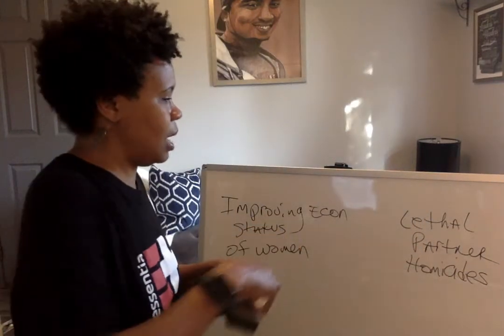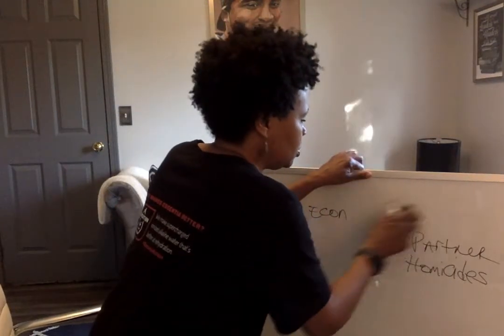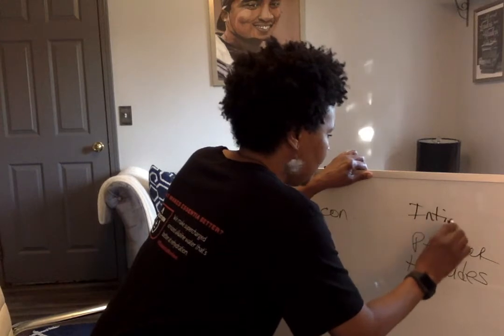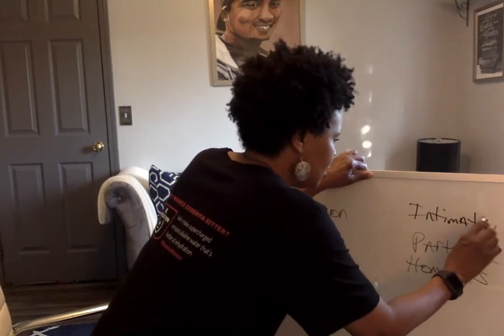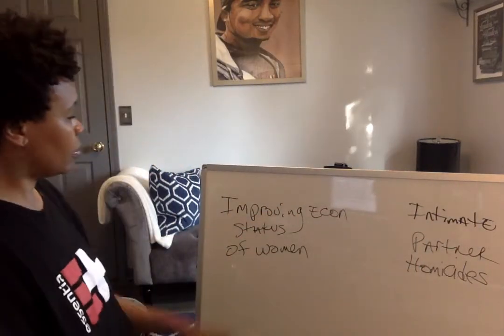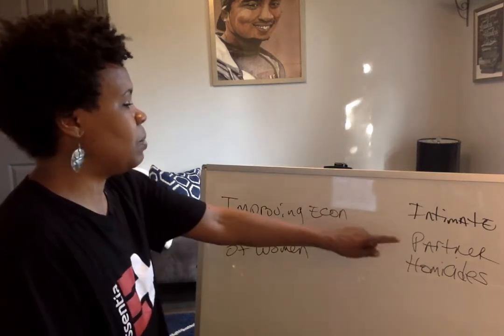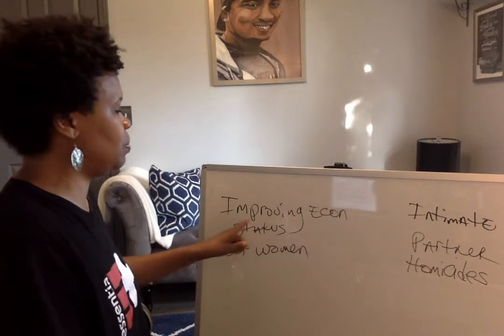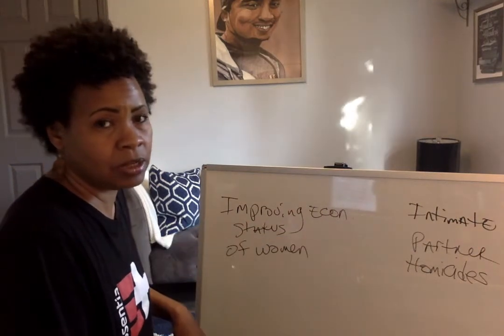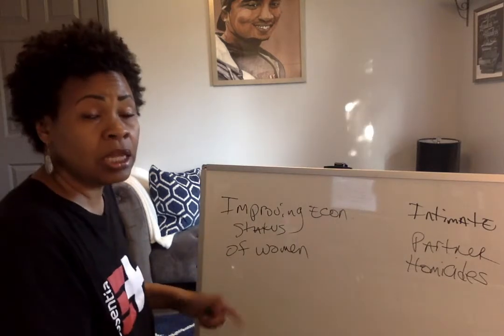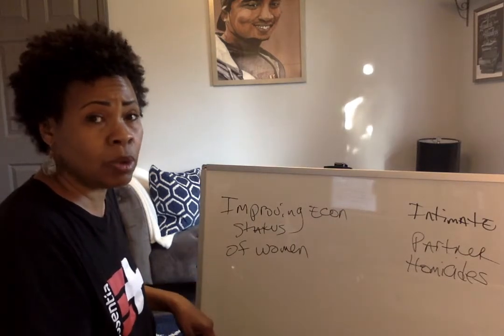Well, lethal and homicides means the same thing. So let me change this to intimate partner homicides. So the victim and the offender are in an intimate relationship. Now, I want to predict whether or not intimate partner homicides will change based on women's economic status beginning to rise. This is a concept, meaning it's broad, it's general, and it's somewhat vague.